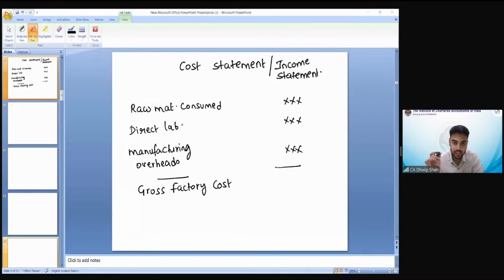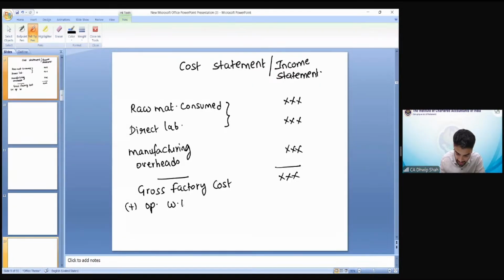Prime cost is raw material plus direct labor. This too is your prime cost. But if we add manufacturing overheads to it, then it is your gross factory cost. Now from this, we used to subtract closing stock of WIP and add opening WIP, correct?